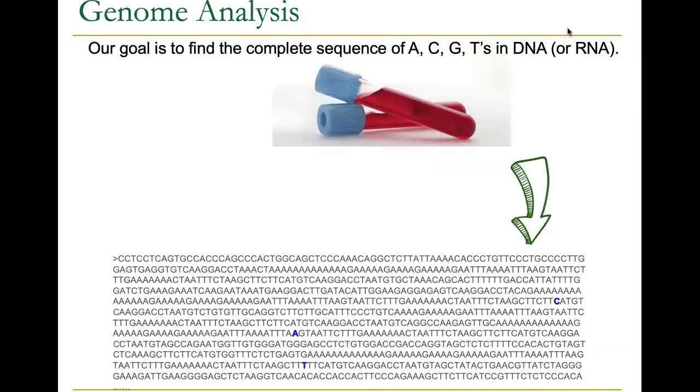Okay, so in genome analysis, our goal is very simple. We want to have the complete sequence of ACGTs in DNA. And what are these ACGTs? You might already have taken a biology course where you already know that our DNA, or the genomic sequence in our cells, is composed of 4 chemical molecules: adenine, cytosine, guanine, and thymine.